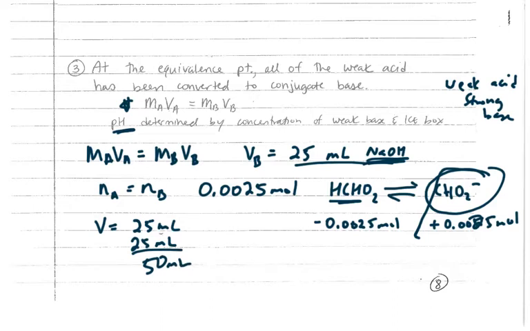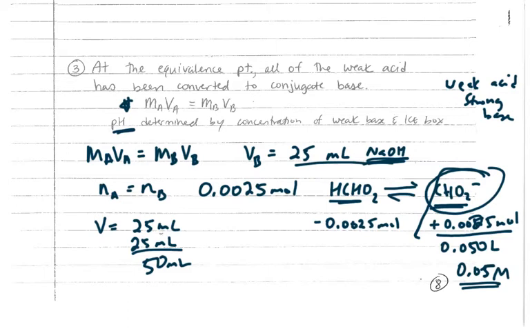When we're doing an ICE box, we're going to want the concentration, so I'm just going to convert this to concentration. We have 0.0025 moles in a total volume of 0.050 liters, so that concentration is 0.05 molar.